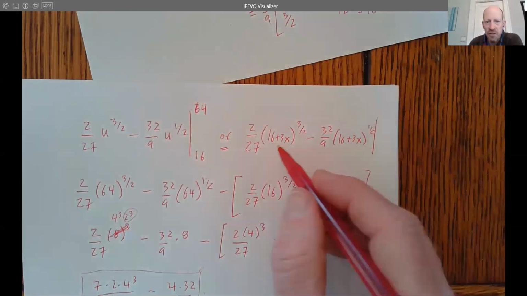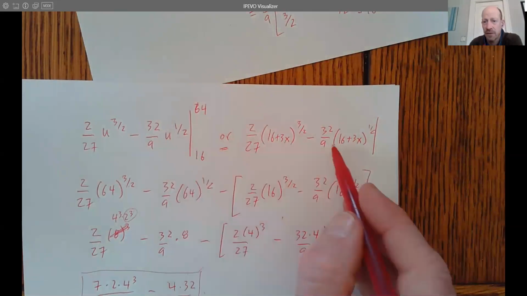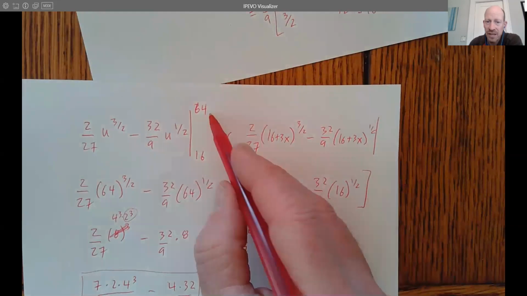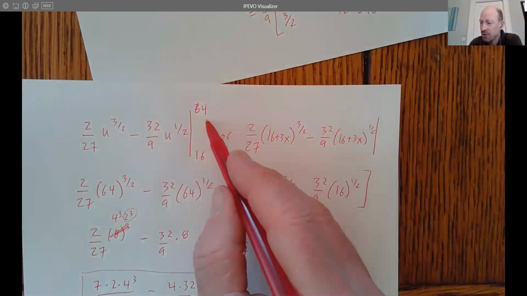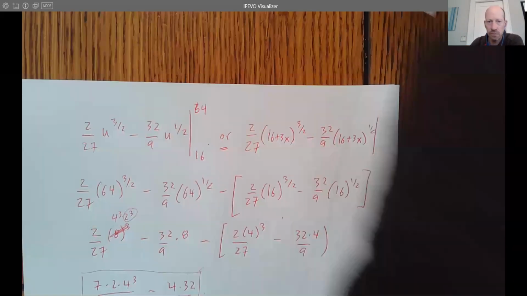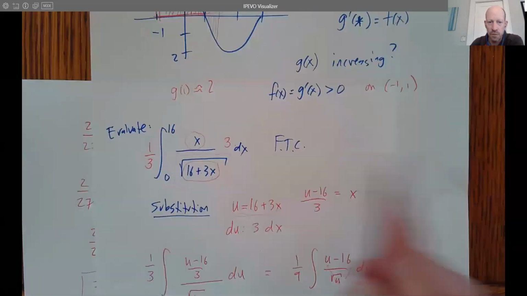Okay, so there I replace the u's with the 16 plus 3x. If I do that, then my bounds cannot be the u values. My bounds have to be the original x values. Here, 0 to 16.